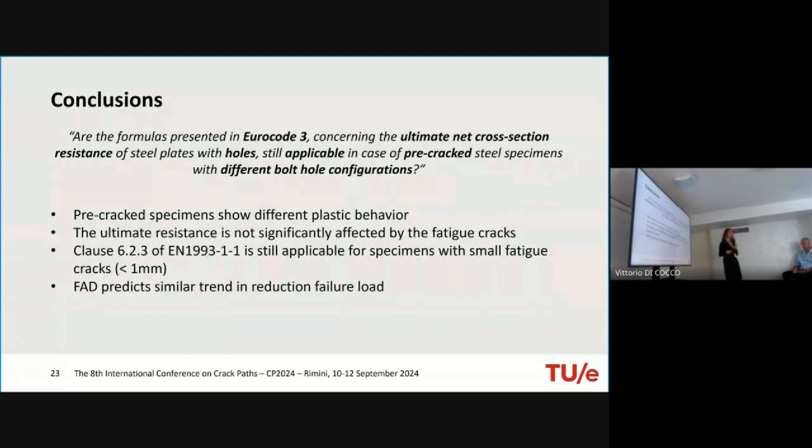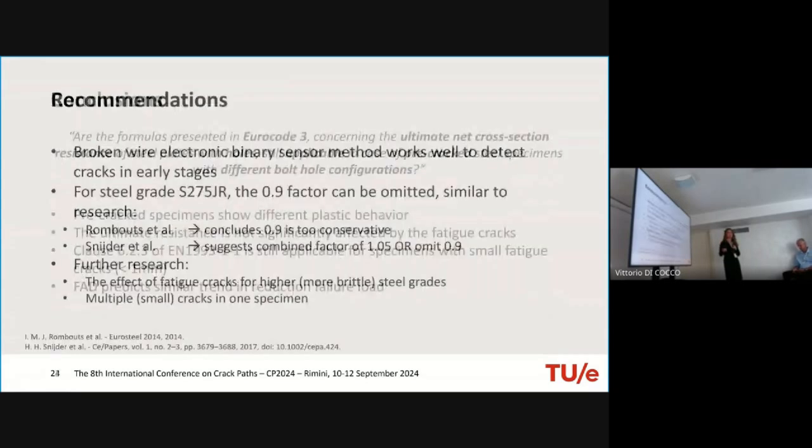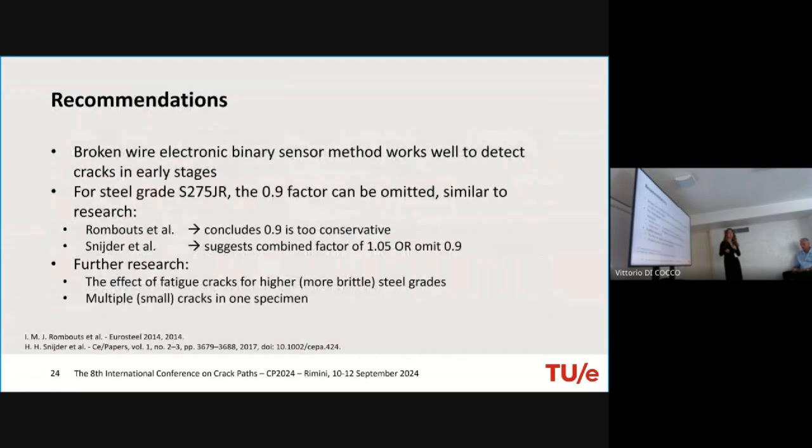Also, the failure assessment diagram predicts a similar trend, but is a little bit conservative, but can be used to estimate the behavior of other geometries and possibly temperatures or steel grades. So some recommendations. The broken wire electronic binary sensor method that we used to detect the small crack when initiated works very well.